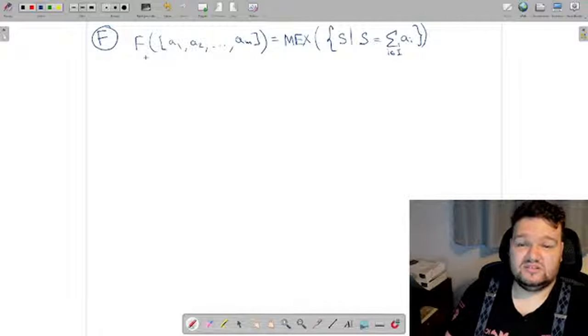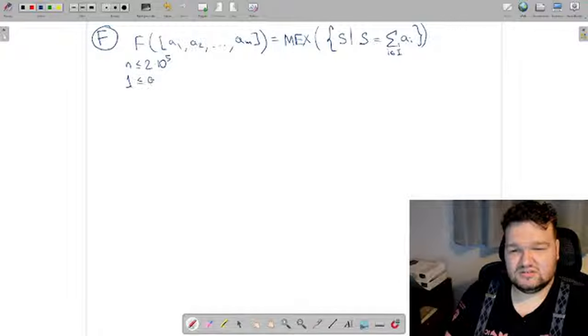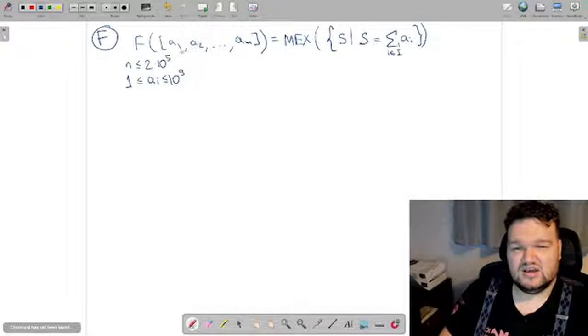We are given an array of length up to 200,000, I think. The elements are up to 10 to the ninth.